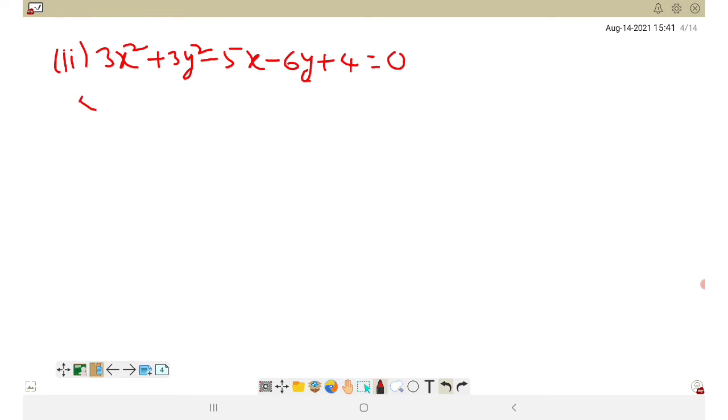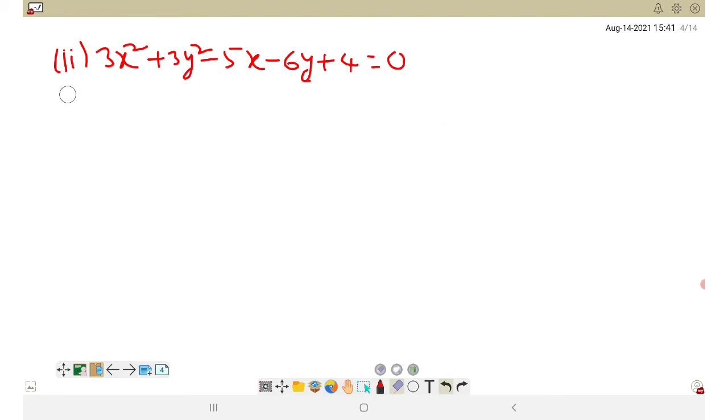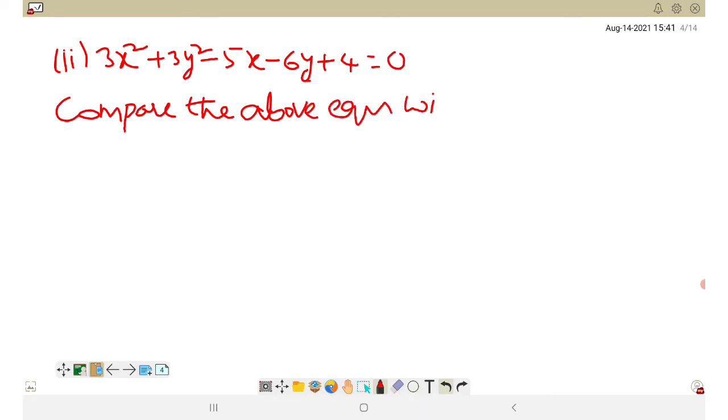Now compare the above equation with the given circle in the form of ax square plus ay square plus 2gx plus 2fy plus c is equal to 0.